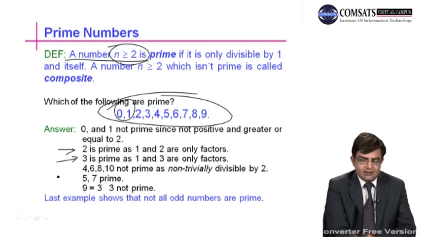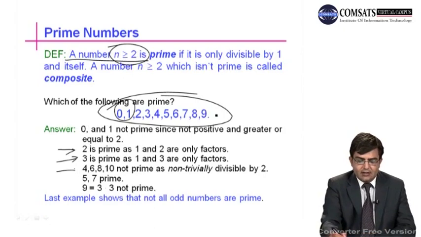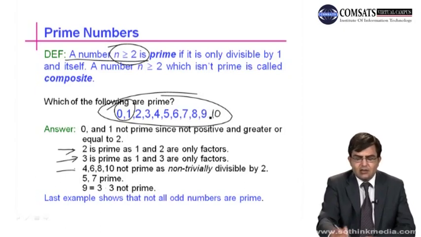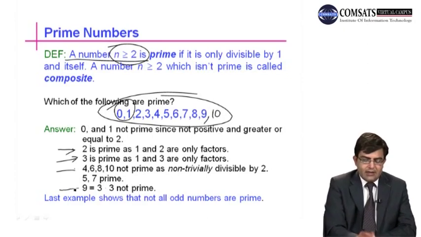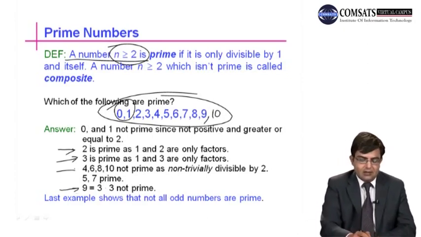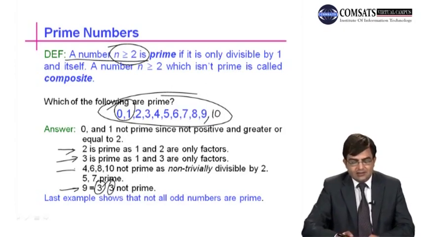But 4, 6 and 10, here I haven't written the 10, for example, we have 10 also, then 4, 6 and 10 are not prime because 4 is divisible by 2 also, 6 is divisible by 2 and 3, 8 is divisible by 4 and 2, and 10 is divisible by 5 and 2, because these numbers are not divisible by only 1 and themselves. So 9 again can be written as 3 into 3, none of which is 1, so this is not a prime.